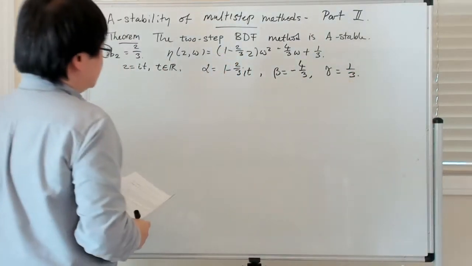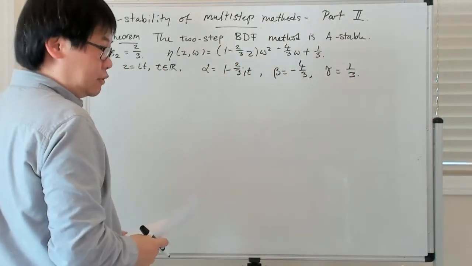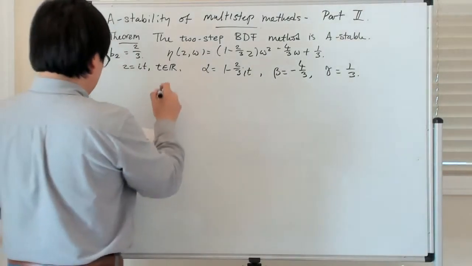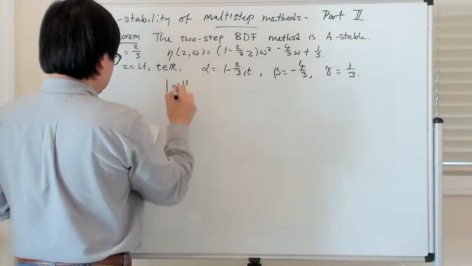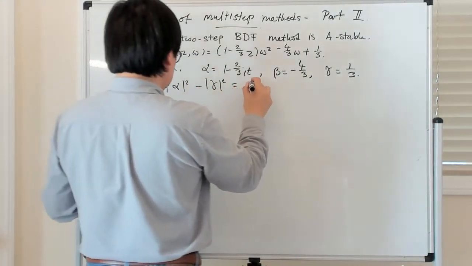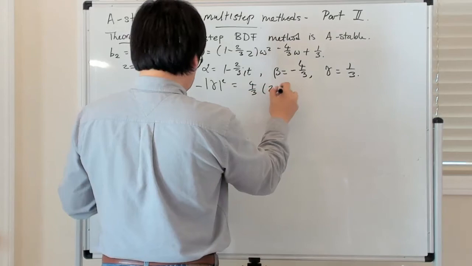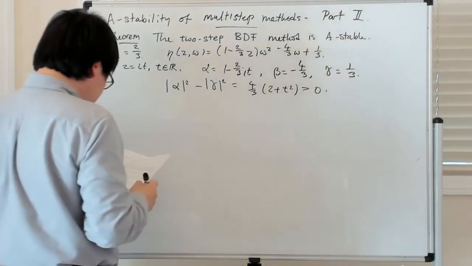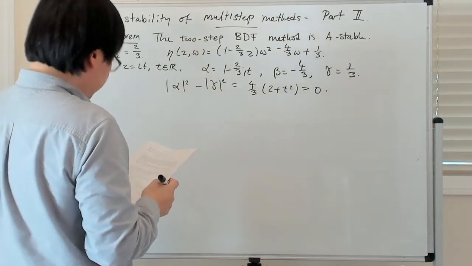Okay, so that's of course just a quadratic polynomial with some coefficients, and you can check that alpha squared minus gamma squared, right, is equal to 4/3 times 2 plus t squared, which is greater than 0, right? So that's one of the conditions which is satisfied.